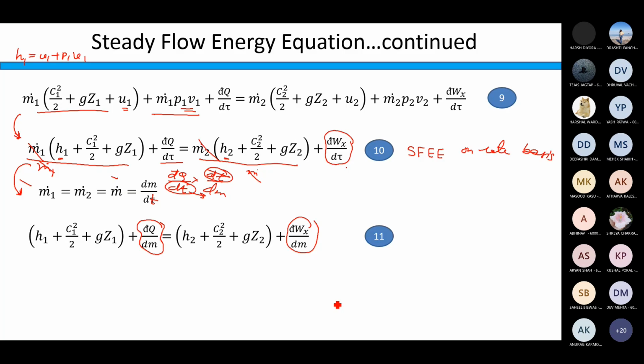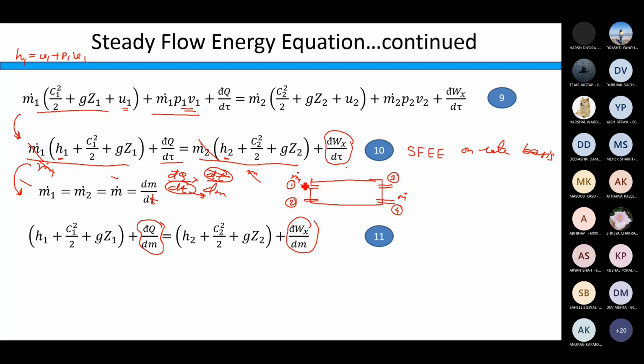Okay. See, you can have a situation where, let us say this is your device. So I can have only one inlet and one exit. If this is a steady flow device, then this condition is a must: the mass flow rate should remain constant, so inlet and outlet mass flow rate must be the same, right? But if I modify this device to something like this, now I have added this one inlet, this second inlet, this exit, and this is also an exit.